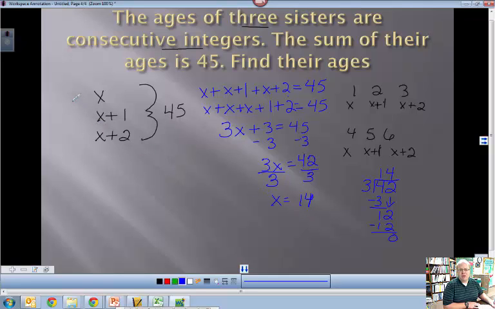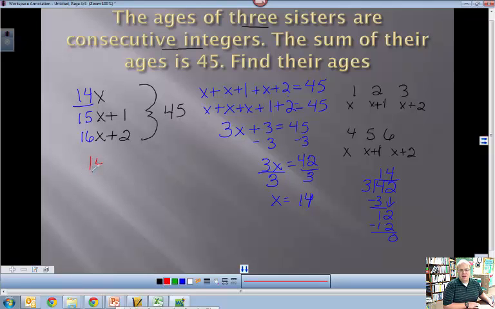Okay, so if x equals 14, my first age is 14. 14 plus 1 is 15. 14 plus 2 is 16. Now, the way you want to check this, to make sure you did all this work correctly, is you would add these together. So I'm going to go ahead and check it.